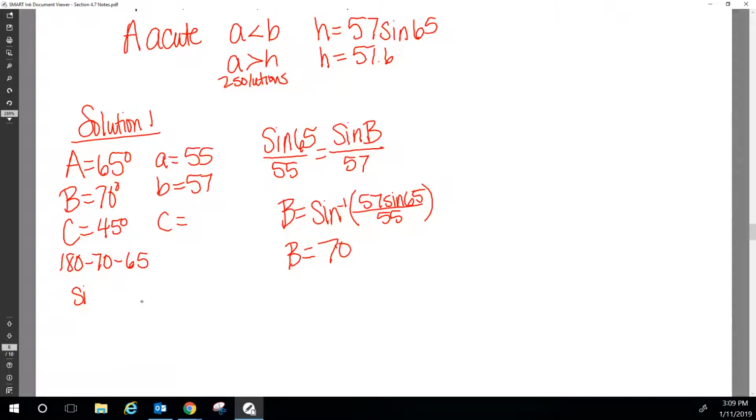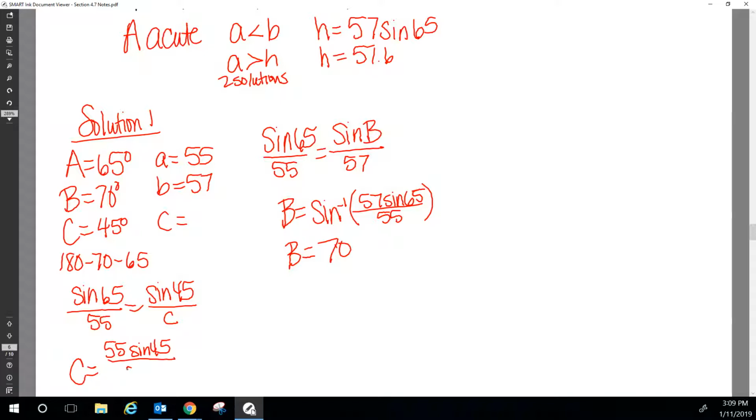So sine 65 divided by 55 is equal to sine 45 divided by little c. Once we do our cross multiplication and divide, we get c is equal to 55 sine 45 over sine 65. And plugging that into the calculator, you get 42.9.